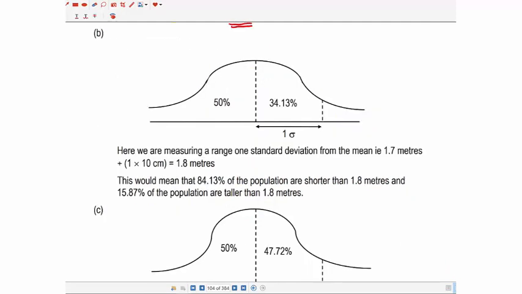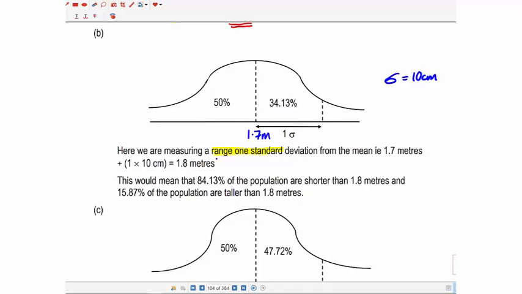Okay, let's look at a second example then, just to confirm our understanding. This time we're going to measure a range of 1 standard deviation from the mean. So again, if we remind ourselves of the information on the graph, we know that the average height of an adult in the UK is 1.7 metres. We know that a standard deviation is equal to 10 centimetres, and now we want to measure the range of 1 standard deviation from the mean.